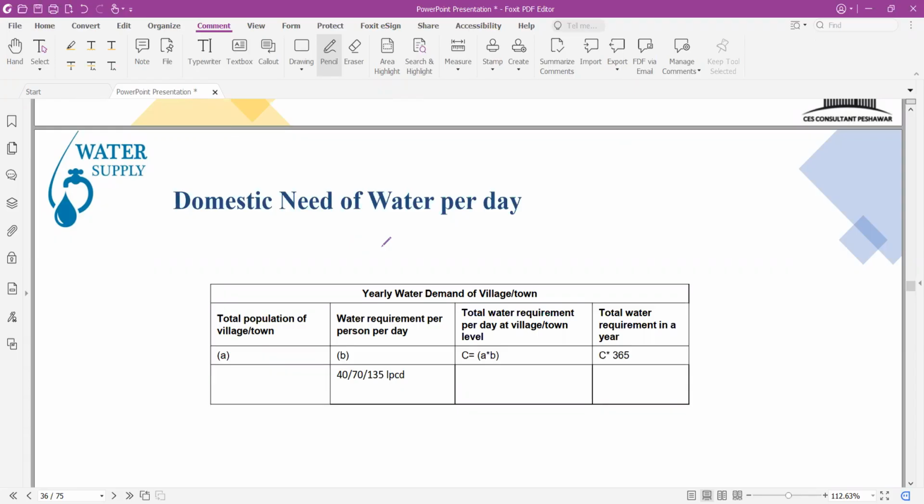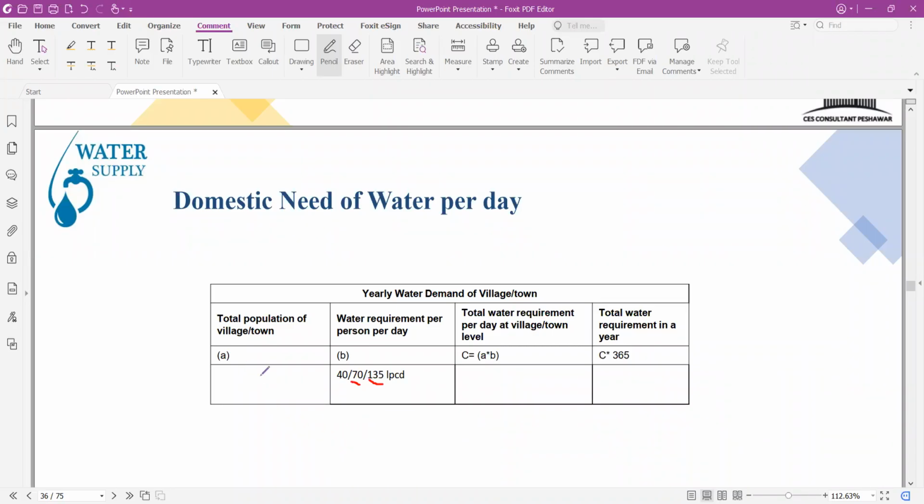Based on that, you decide whether you will take 40, 70, or 35 liters per capita per day. For example, if I want to design for an urban area where a sewerage system is also provided, I will use 135 liters per capita per day. But where the sewerage system is not provided, I will use 70 liters per capita per day.